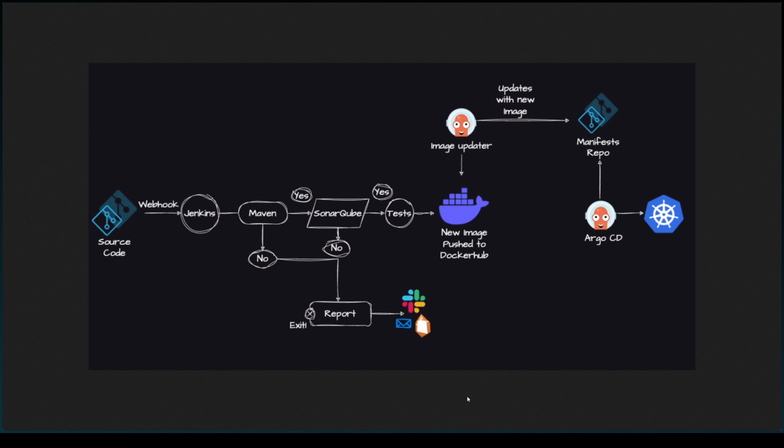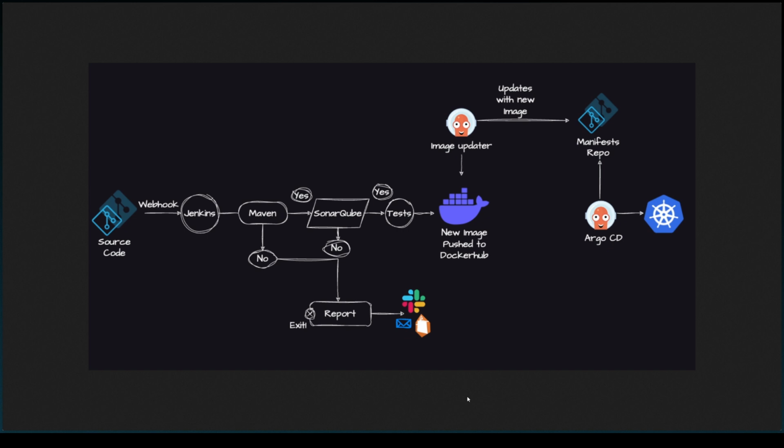After pushing it to the DockerHub, the next phase is the pull mechanism. Here, instead of the image updater, we are using a script. This script takes the new image and updates the manifest repo. The manifest repo contains deployment.yaml, and this deployment.yaml gets updated with the new image.